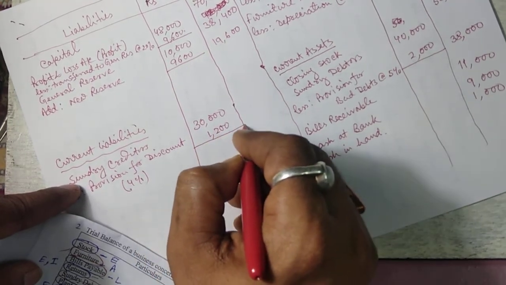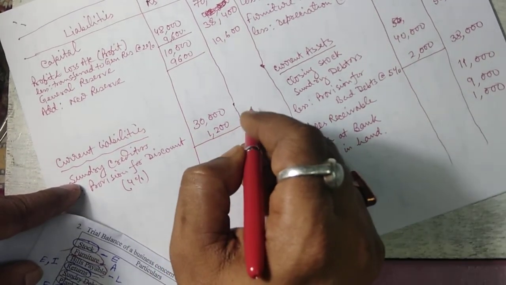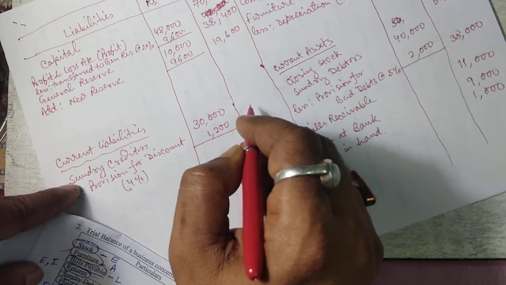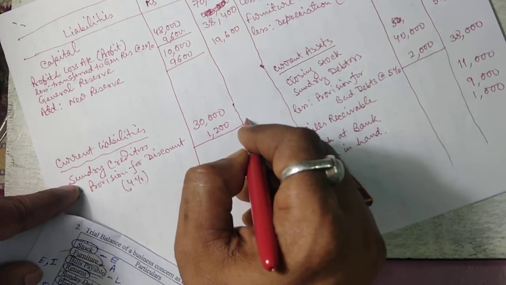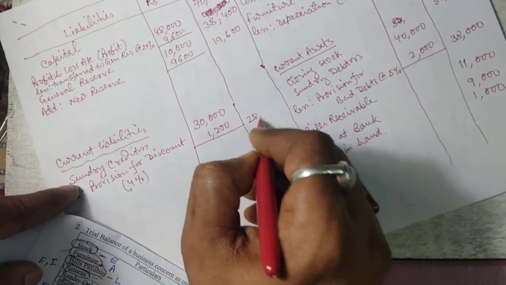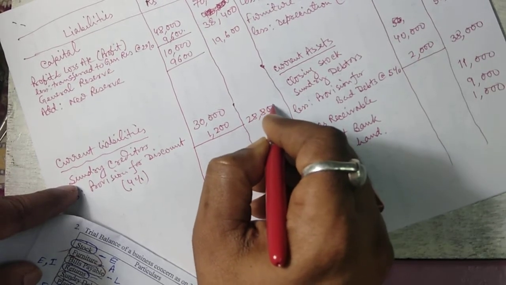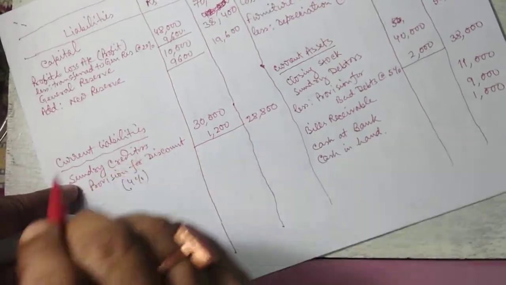So the net figure will be 28,800, should be written in the outer column, final column.